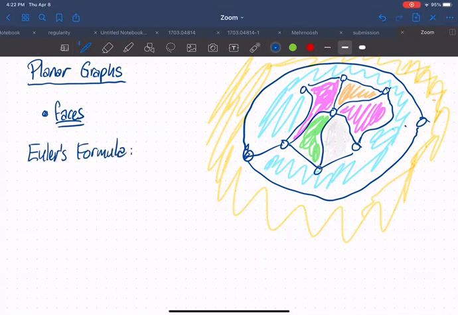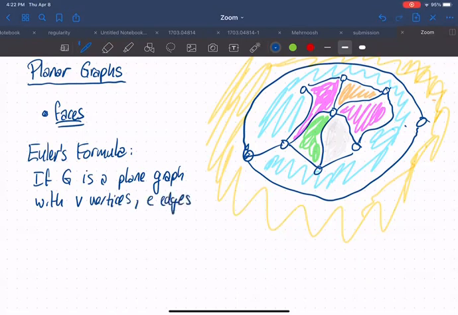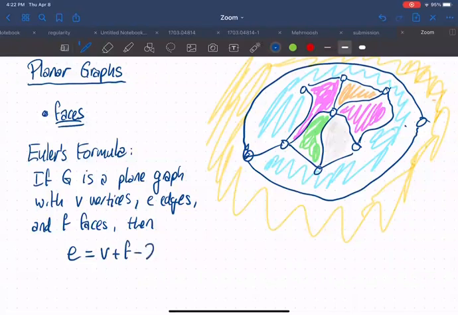And Euler's formula says that if G is a plane graph with V vertices, E edges, and F faces, then E, the number of edges, is equal to the number of vertices plus the number of faces minus 2. And I should not forget, really important qualifier, connected.